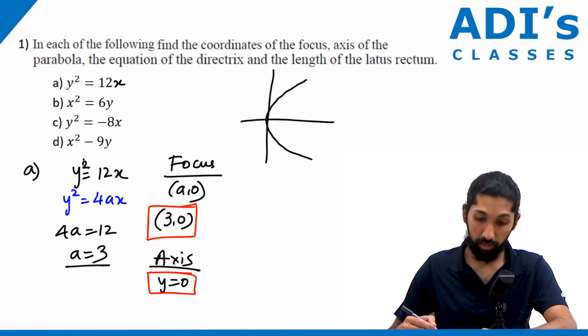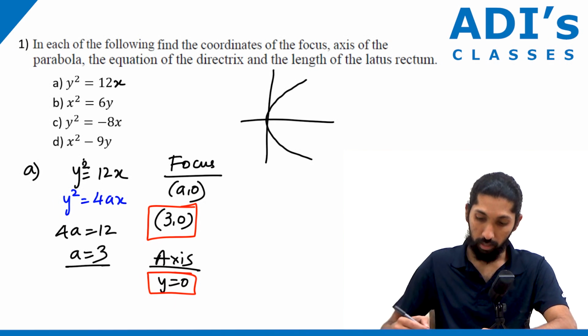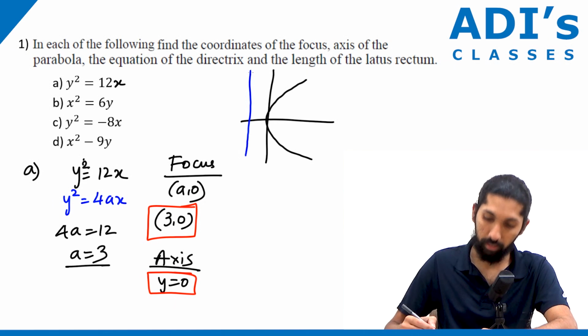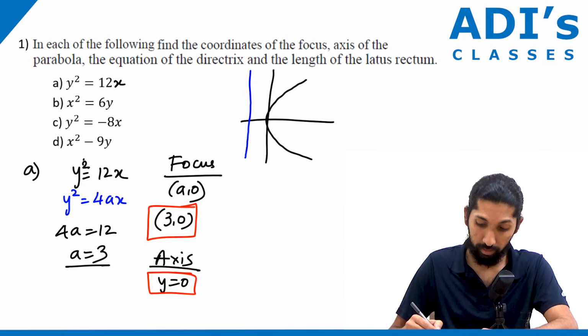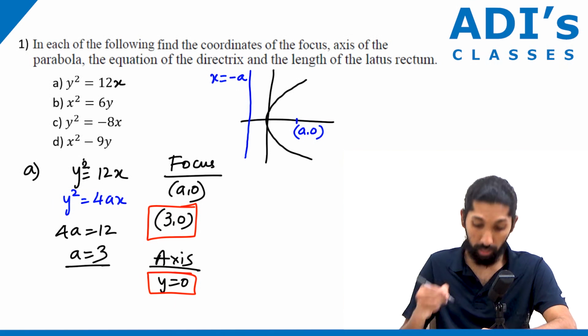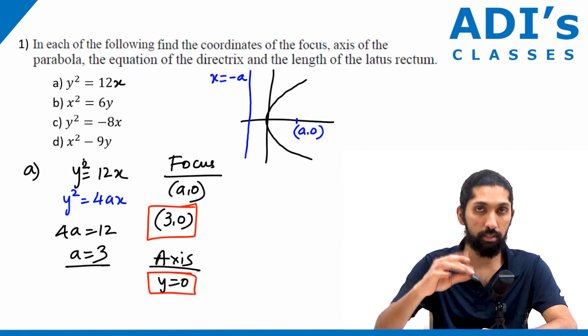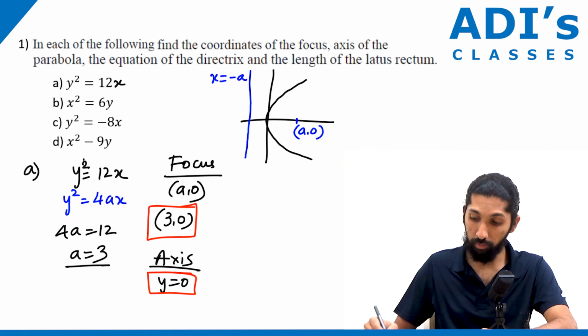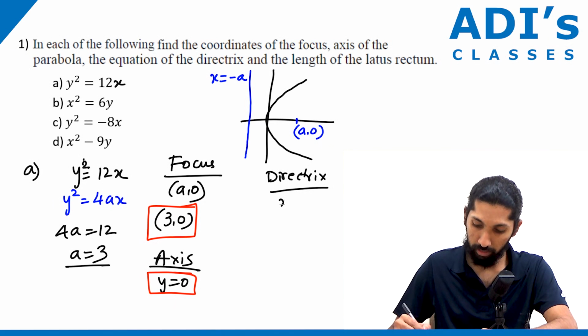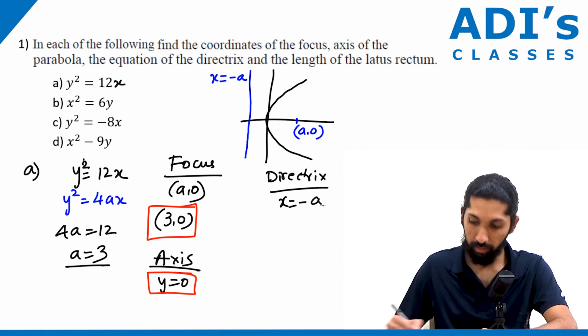Then comes the next one, the directrix. This particular line is the directrix. This is the focus (a, 0), and the directrix is x is equal to minus a.